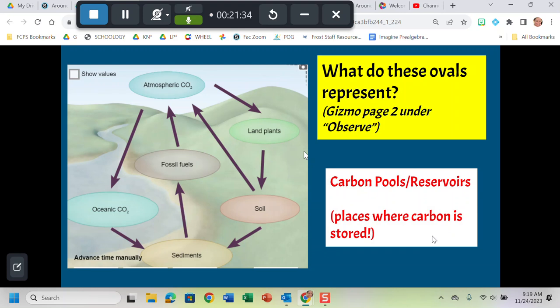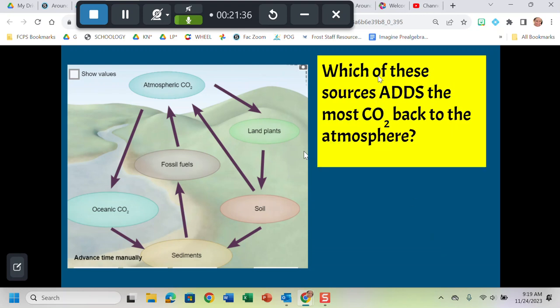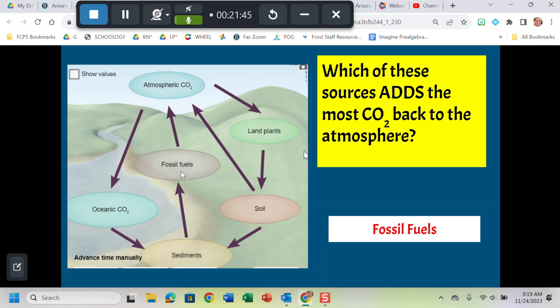And so which of these sources is going to add the most carbon dioxide back into the atmosphere? It's going to be fossil fuels. Okay, fossil fuels, when they are burned, are going to release the most carbon back into the atmosphere.